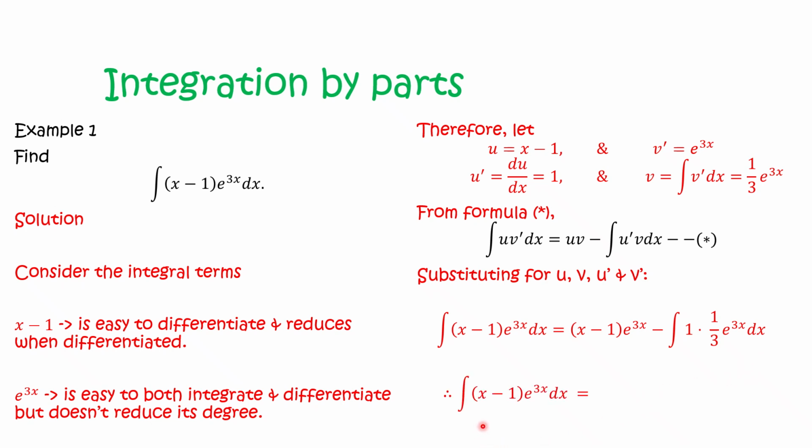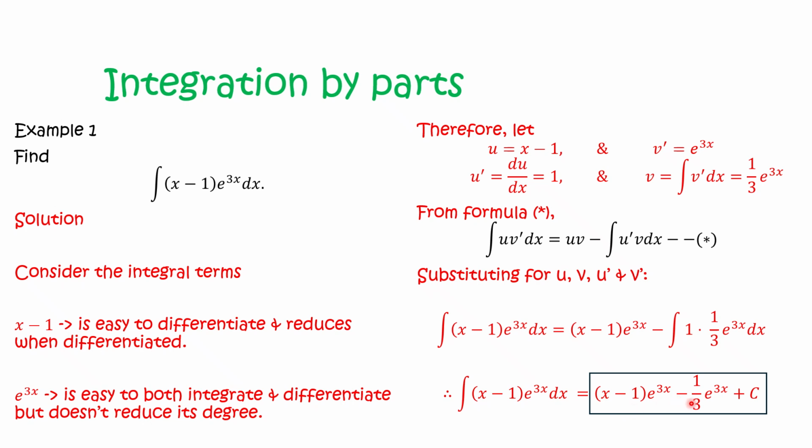We have substituted for the u, x minus 1, for the v, e to the 3x, minus the u prime, which was 1, and the v, which is 1 over 3 e to the 3x. Now, simplifying further and integrating the last term. It's way easier to integrate now because we only have one part with the x term.